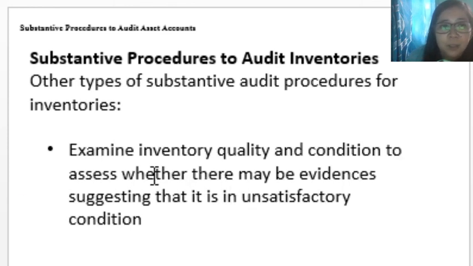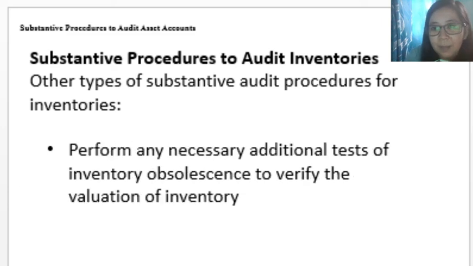Next, the auditor can also examine inventory quality and condition. The purpose of this is to assess whether there may be evidence that suggests that this inventory is not saleable anymore, or is obsolete or damaged and needs to be written off from the account.